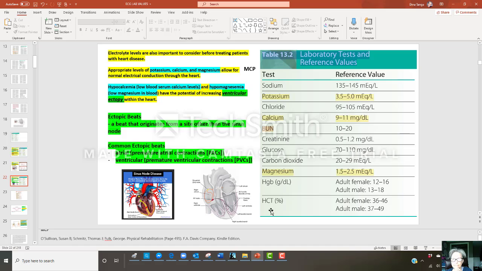You can think of calcium 9 to 11. That could be an emergency if you don't have good calcium levels. Magnesium 1.5 to 2.5.